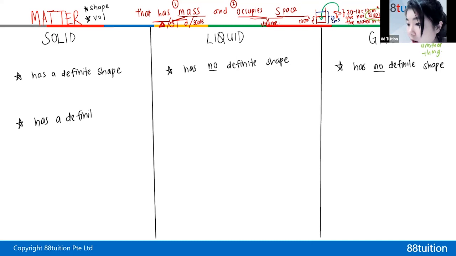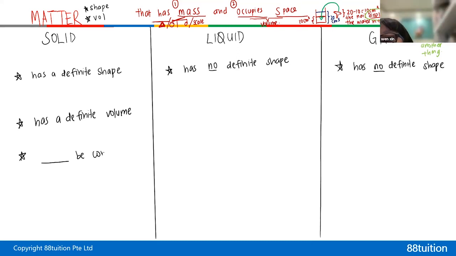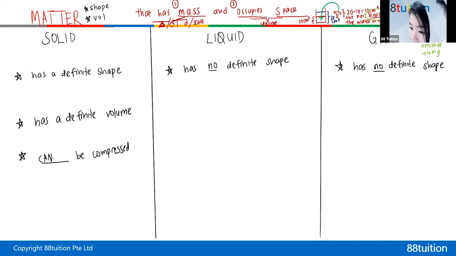When something like solid has a definite volume, can it be compressed? No. So when something has a definite volume, it cannot be compressed. If you think about my cup, cannot compress, right? So good, solid.